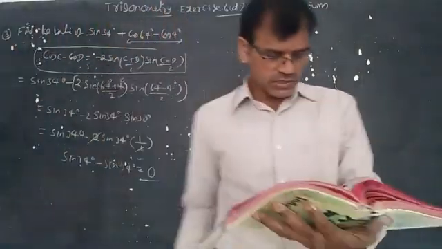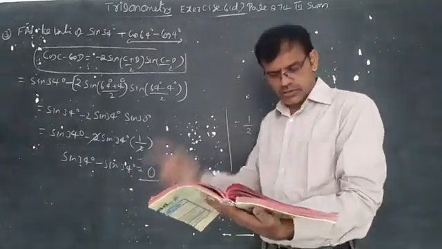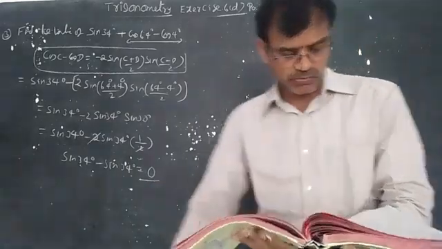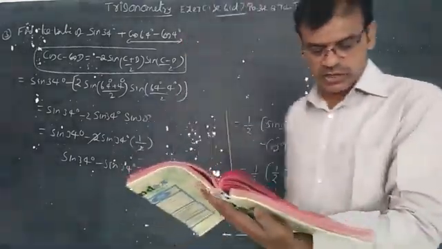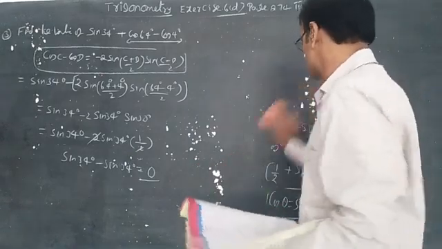Today's last sum, this is a 4 marks important question, and this is in level 1, level 2 in our material. For objective also this question is important. Let us discuss it today. Last question, example 4, page number 276.